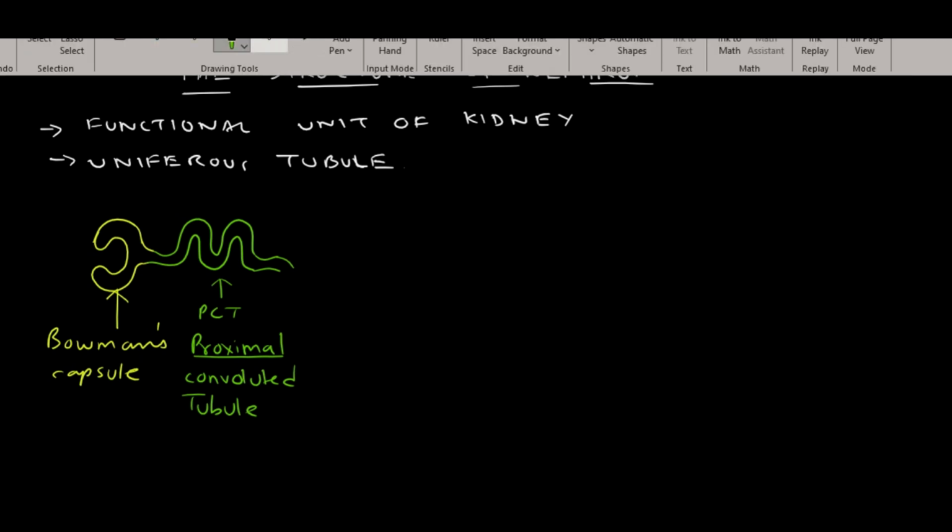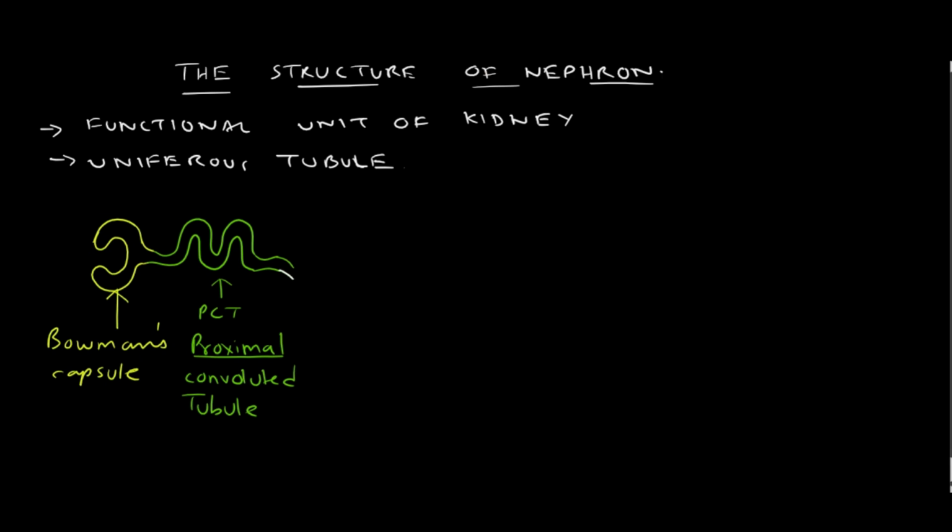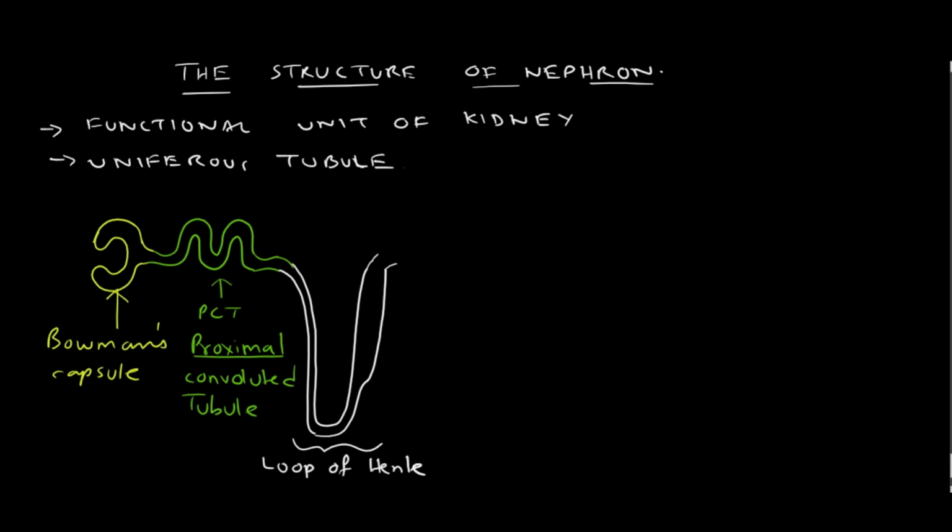The proximal convoluted tubule then leads to a loop which enters into the medullary region, and this loop has two limbs. One goes down and one comes back up. This white color structure is called the loop of Henle.